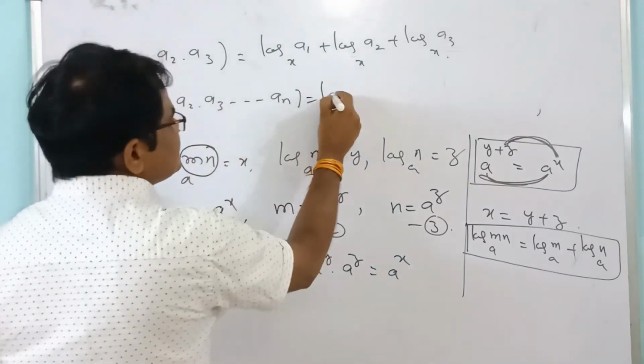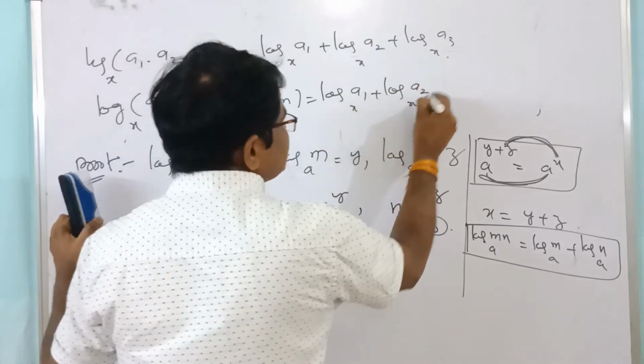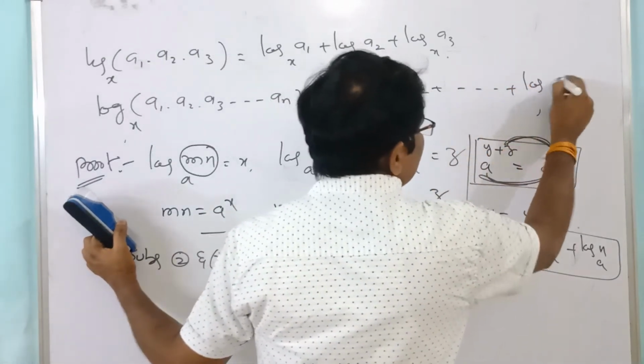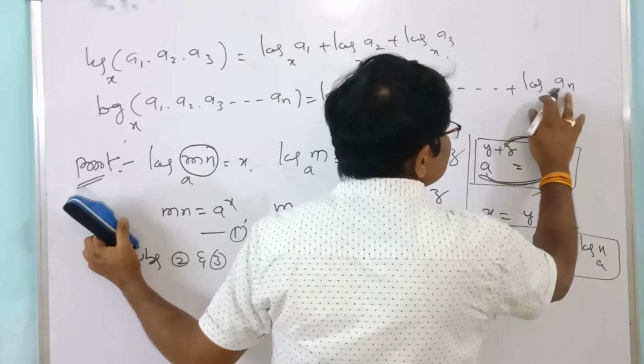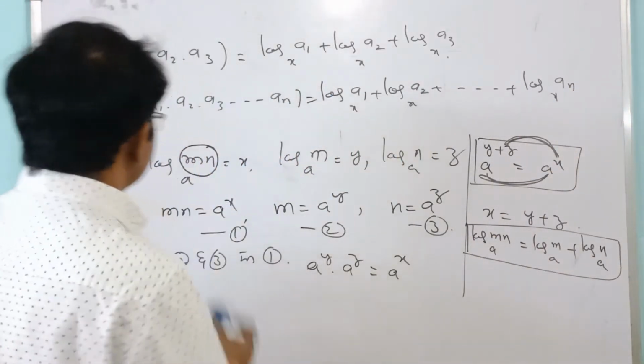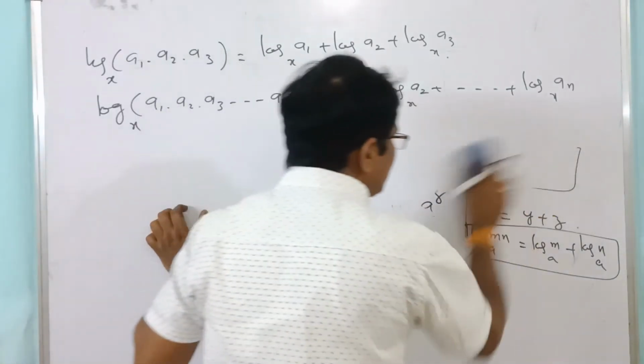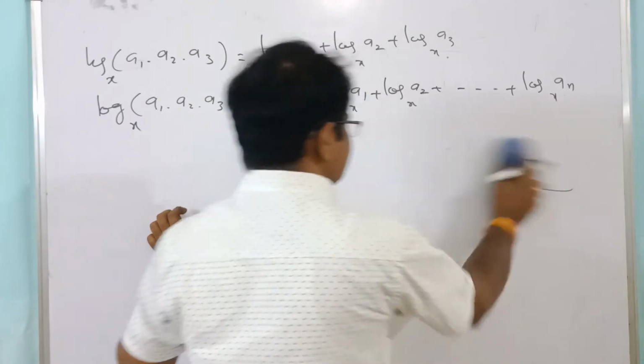It can be written as log of a1 to the base x plus log of a2 to the base x plus etc. plus log of an to the base x. Like this, so you can extend up to finite number of terms. Right. Now take one or two examples how to apply this property on problems.